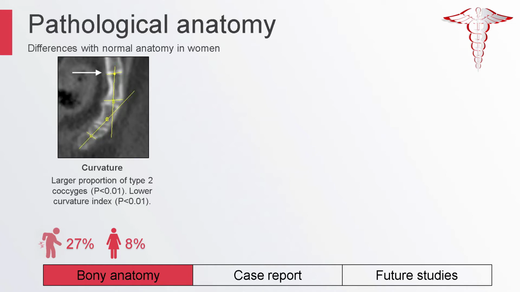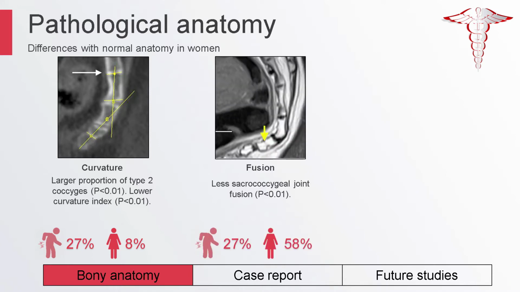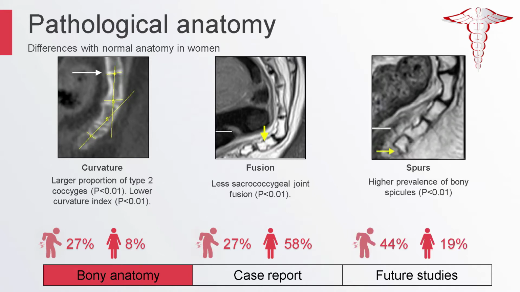In our study, we found that if the women had coccyx pain, they were more curved than normal women. We found they had less sacrococcygeal joint fusion, half that of normal women. Spurs were more than twice as common in women with coccyx pain.